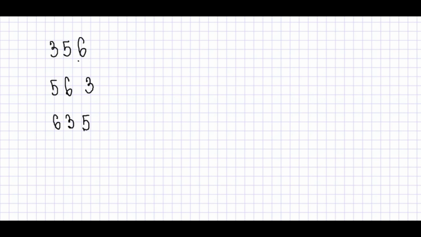Here, 6 is on ones place, 5 is on tens place, and 3 is on hundreds place. Here 3 is on ones place. Here 3 is on tens place. So the value of 3 here is 300.